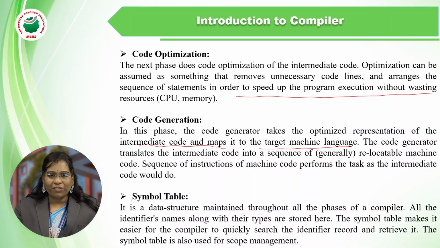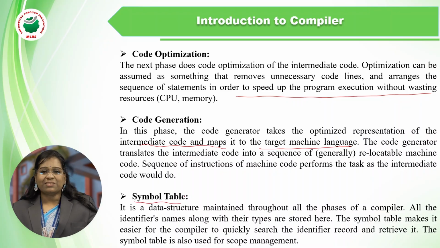So the last one, we have the symbol table. The symbol table is a data structure that maintains all the phases of the compiler.